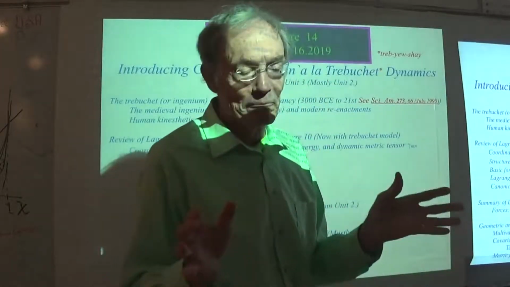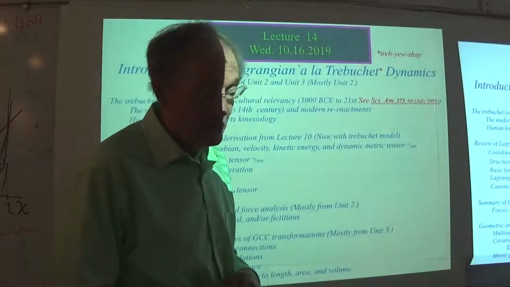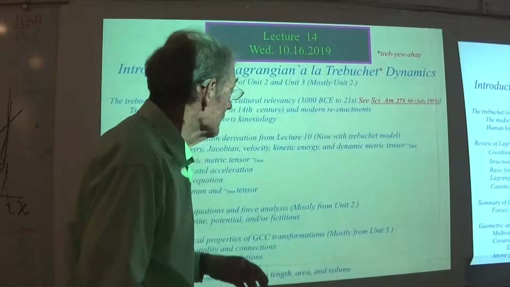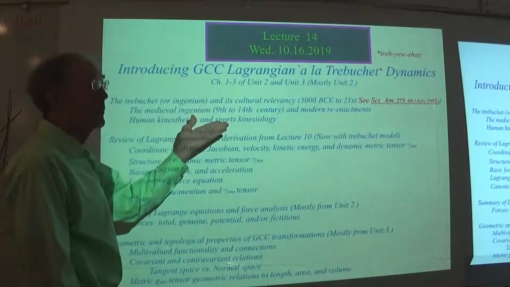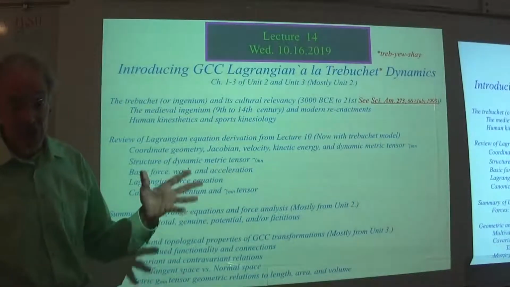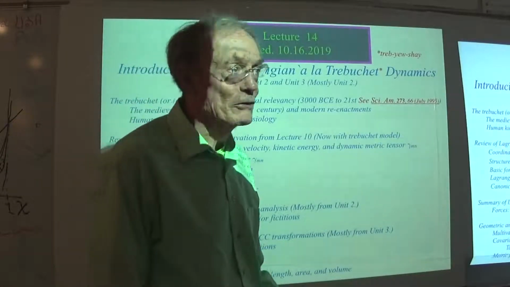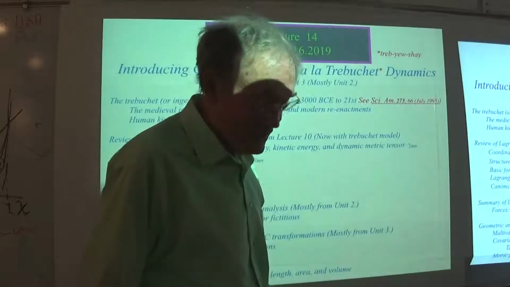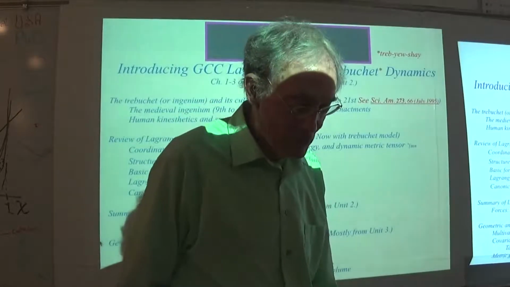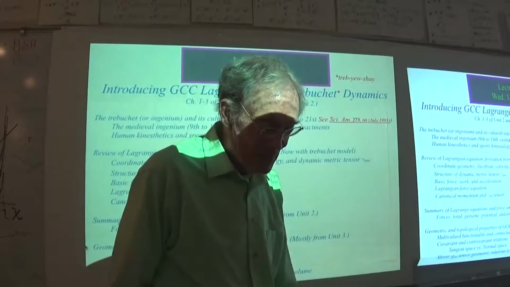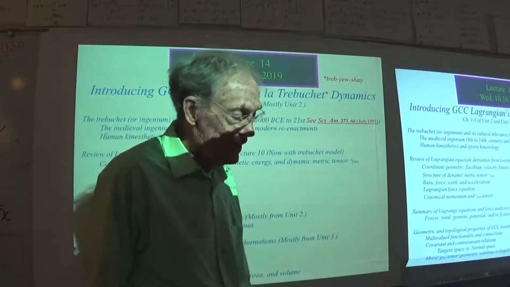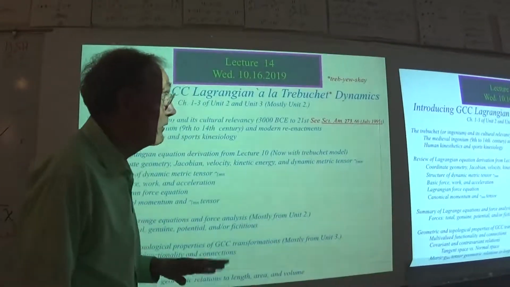And we'll talk about that, and also its relation to human beings doing sports and building a culture. This is really, I think, a very important piece of history of development of the human species.